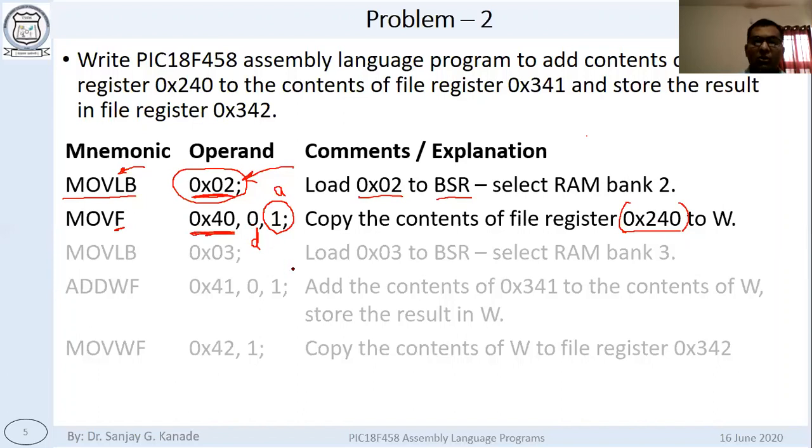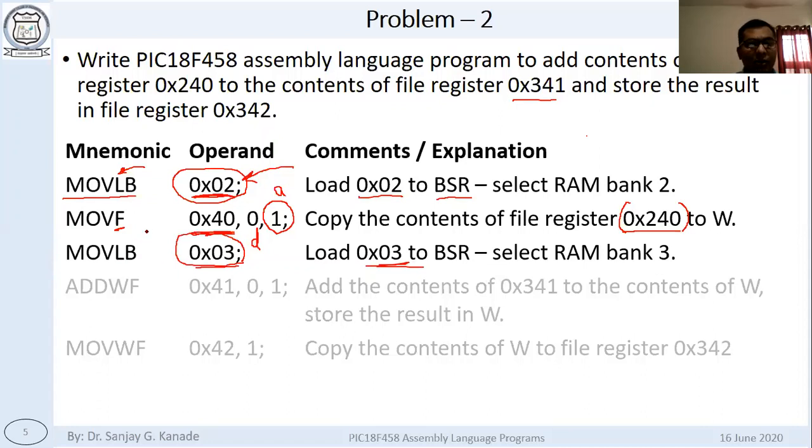Okay. Now to access the second register, 341, we cannot use the instruction directly because we have to select the third, the 03, RAM bank. So for that again we will use MOVLB 0x03. Again this is a literal value, 03, which is going to BSR, and that way we will be able to select RAM bank 3.